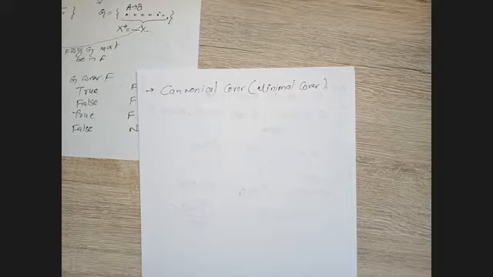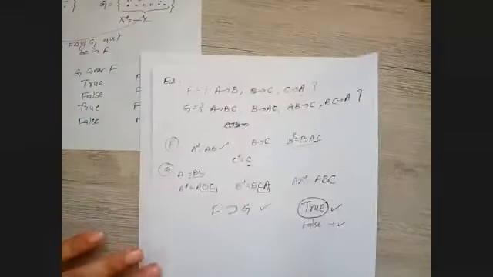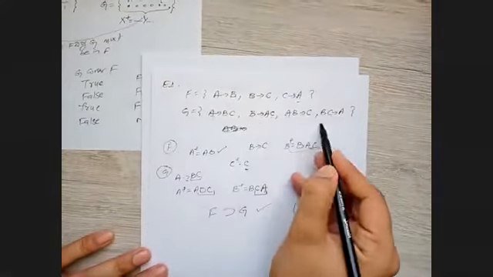Actually, for canonical cover, we find the canonical cover of a given functional dependency set. What's the meaning of this? We find the minimal possible dependencies which are logically equal to the given functional dependencies. For example, in the previous question, we were given all those functional dependencies.